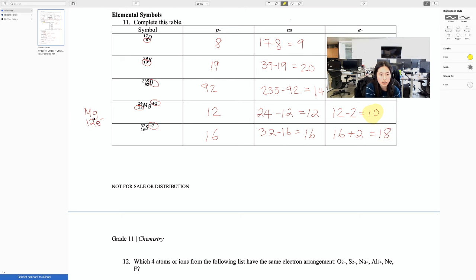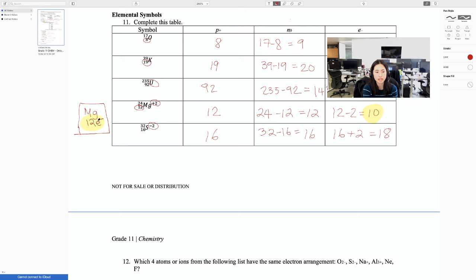So if you're comparing the neutral magnesium atom versus Mg plus 2, which atom is going to be larger, if that's the question? That means this right here, this is going to be a larger atom, right? The neutral magnesium atom is going to be larger compared to Mg plus 2.